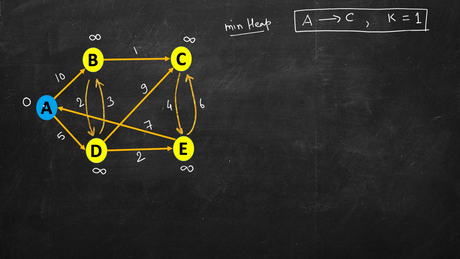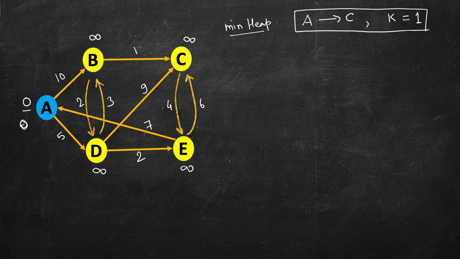So this will be picked, and then you look at its neighbors. To reach a you need 0 hops, because this is the source, and 0 price also. Then we look at its neighbors.